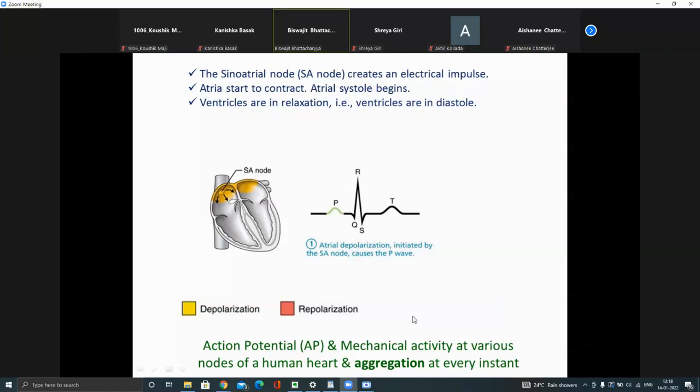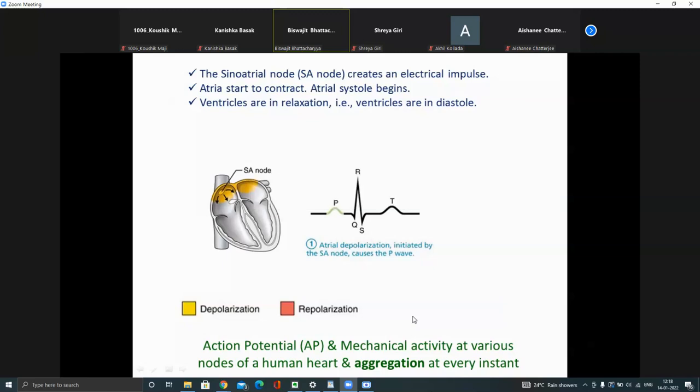And diastole means it is the expansion of the chamber. So the internal pressure falls and the blood is filled. Along with this also, here you'll see there are two color codes shown.